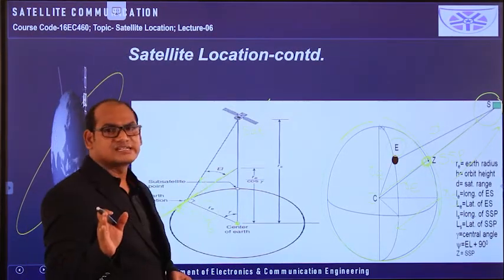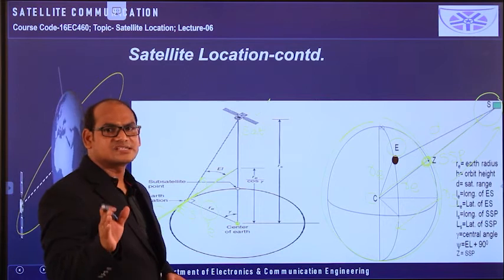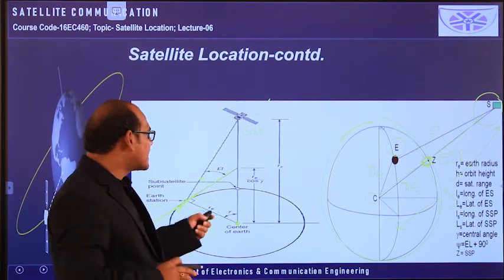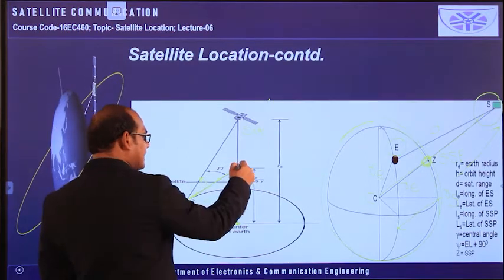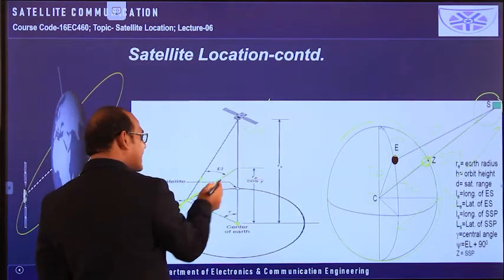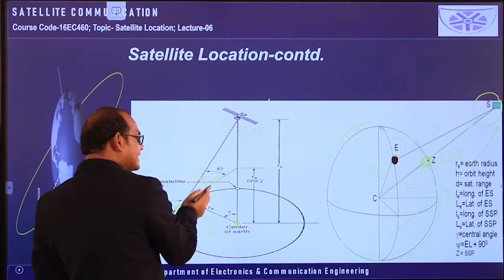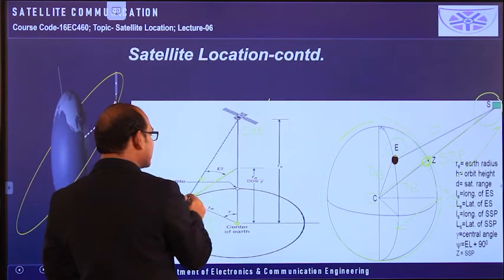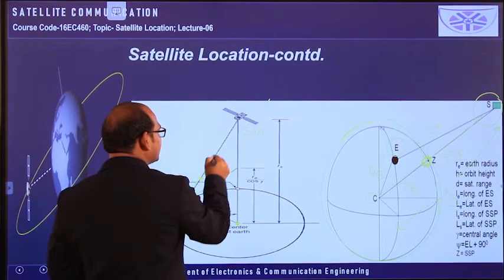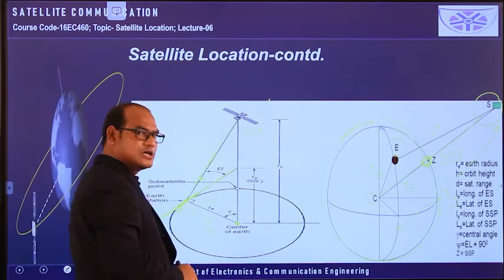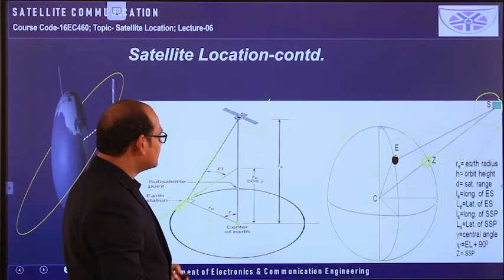If you don't understand the azimuthal angle and elevation angle from the previous lecture, you cannot understand this lecture. So from the local horizontal plane, we have to take the elevation angle, that is EL. Then we can keep our earth station antenna towards the satellite like this. So in this way we can take.